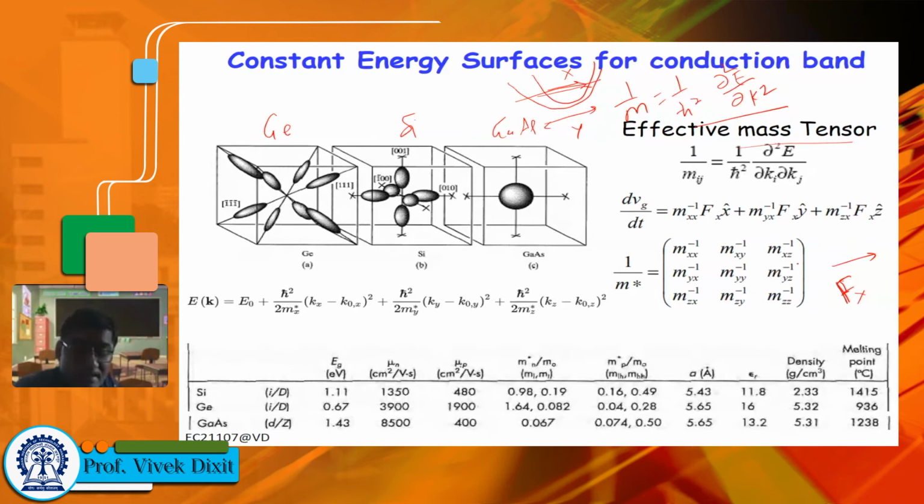That electron may be accelerated along x direction. So if electron is accelerated along x direction, then force will be mass times acceleration, and mass we call it mxx, and mxx will be 1 by h bar square d2E by dkx square, correct?